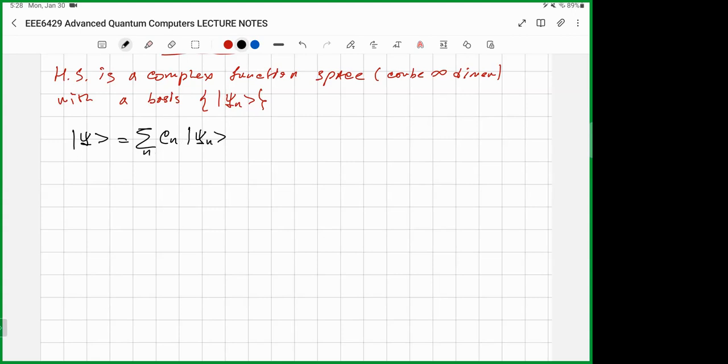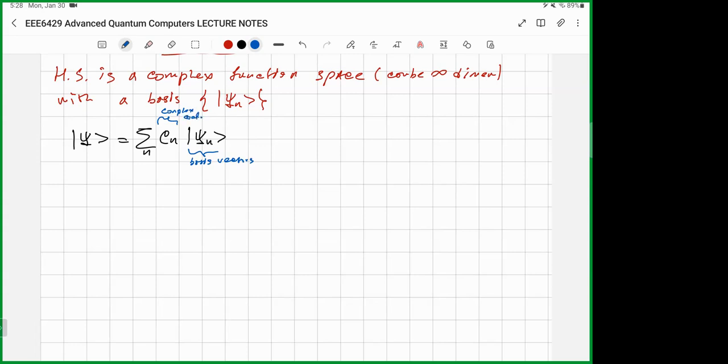Right. So this psi n are basis functions, it would be better to say basis vectors, and Cn are complex coefficients.